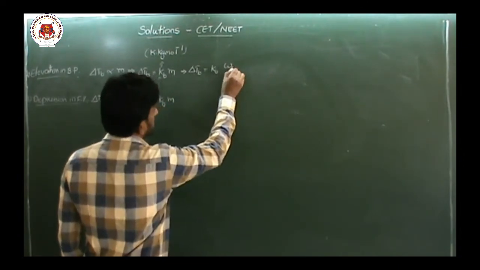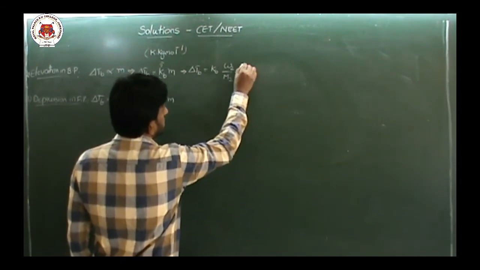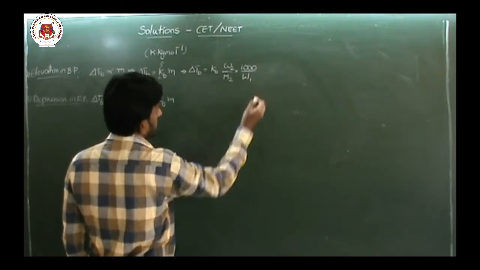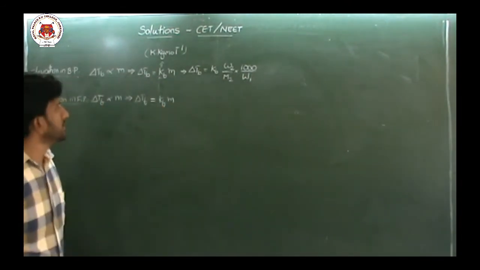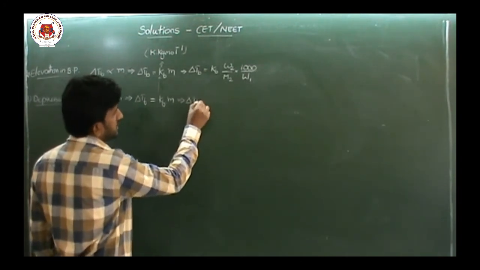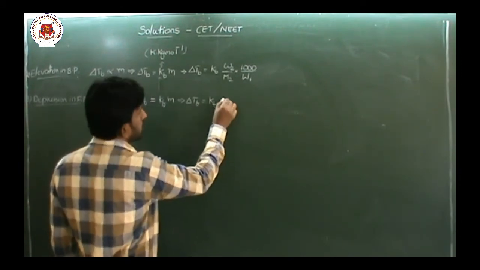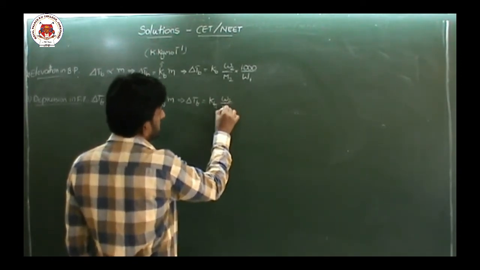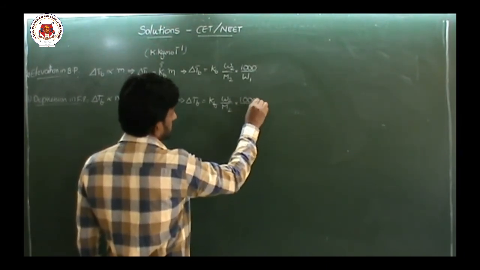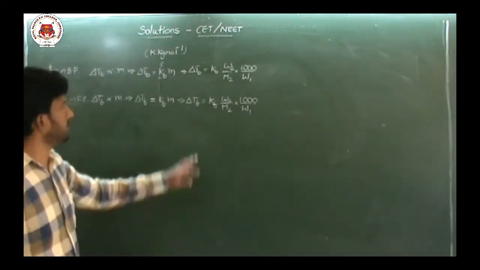Weight of solute by molecular weight of solute into 1000 by weight of solvent in grams. Similarly, I substitute molality here. Delta Tf is equal to Kf into weight of solute by molecular weight of solute into 1000 by weight of solvent in grams. So this is about the formulas.